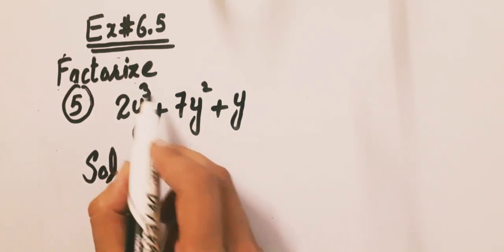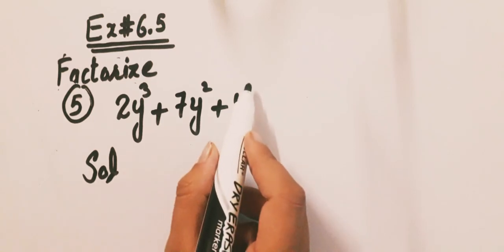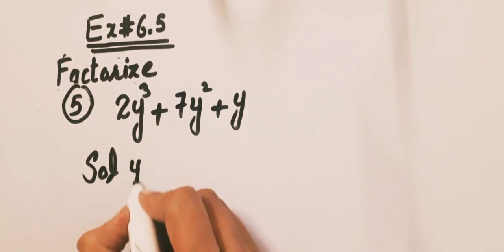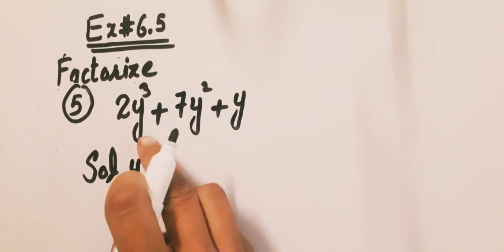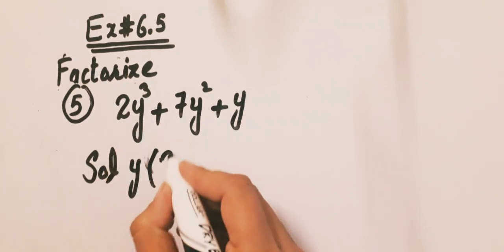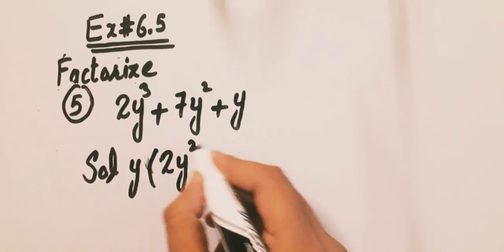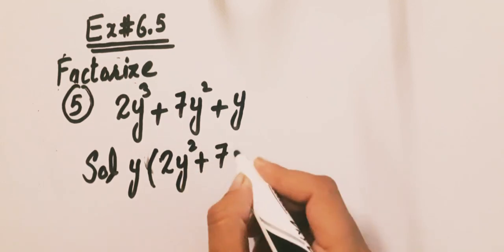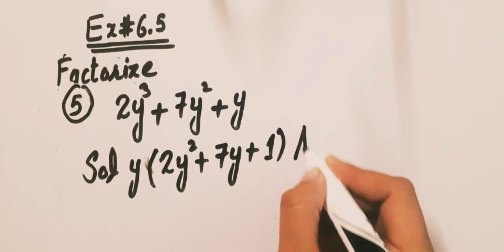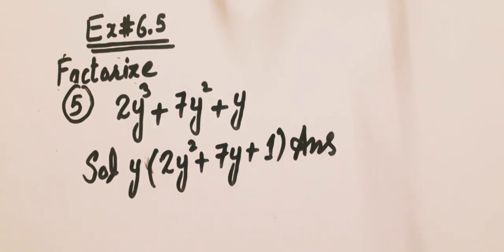Y raised to power 3, y raised to power 2, y raised to power 1. Smallest is y raised to power 1. So you will take y as common. Remaining is 2y square plus 7y plus 1. This is the answer.